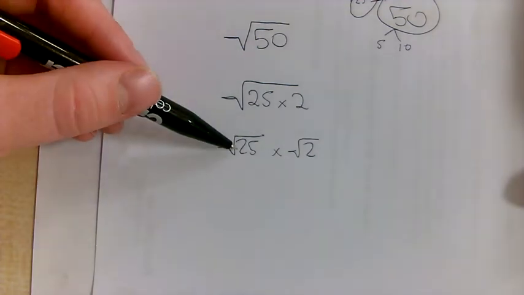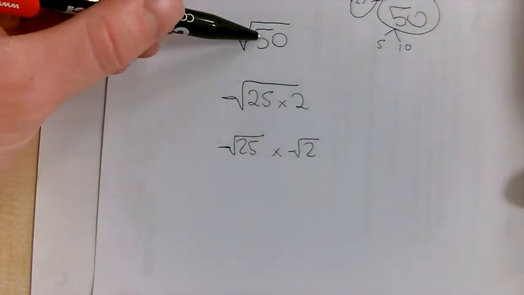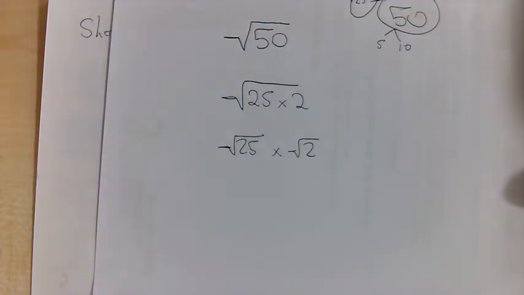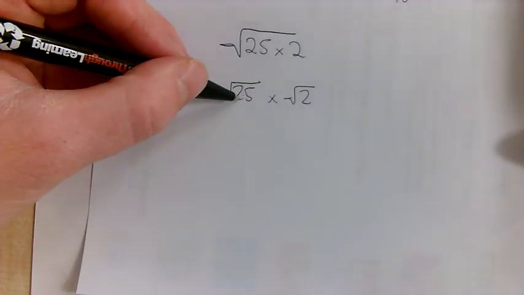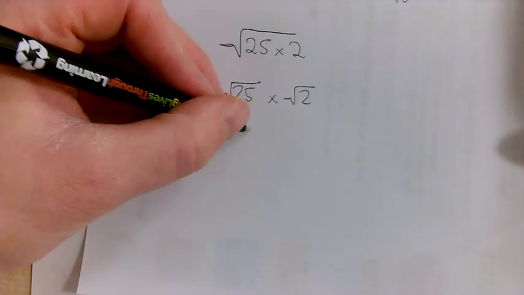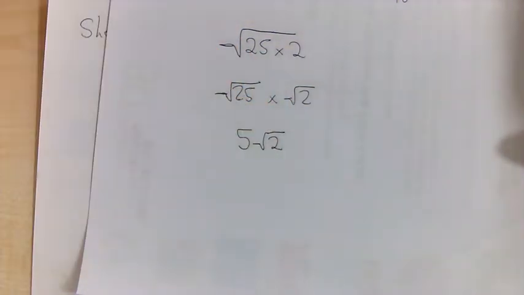So just note that if we're going the other way, if I've got root 25 times root 2, that would give me eventually root 50. But it's this direction we're going with it, so we need to simplify this even further. Root 25 is 5, root 2 we don't know, so we can write it as 5 root 2.